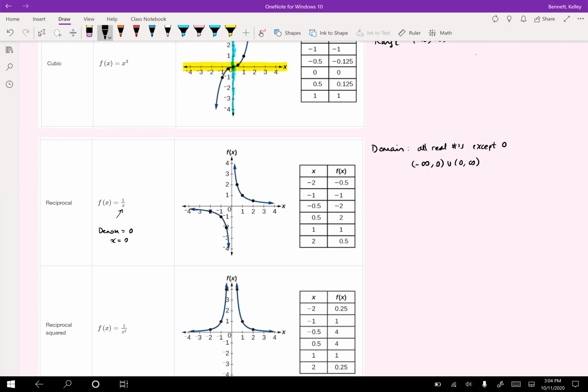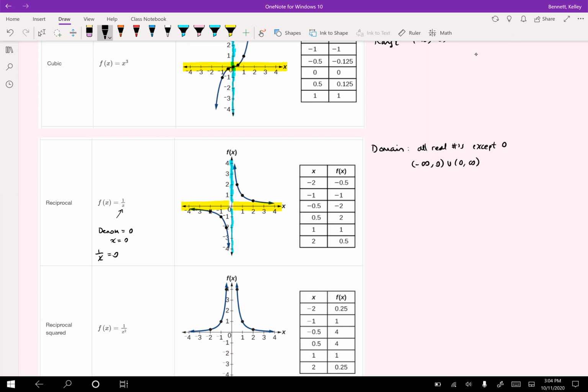And then the range has kind of a similar story as well. So this was our domain. We can see here that the range never quite gets to 0. So I'm going to have all this stuff and all of this stuff, but I'm never going to have a height equal to 0. Why is that? Well, 1 over x equals 0, right?